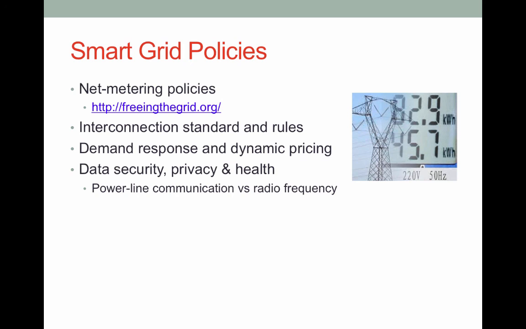How do you protect that information and make sure it is secure? That is still a challenge. At the same time, different ways of transmitting the smart meter data back to the utility, either through power line communication or radio frequency, also raise problems of public health and uncertainties and risks of those types of data transmission.